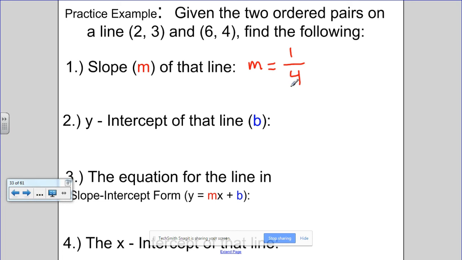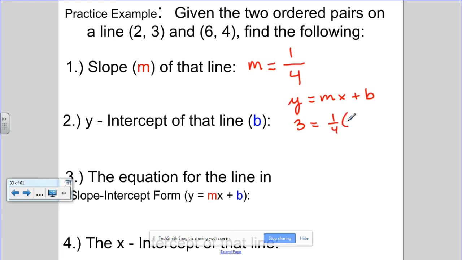Now let's find the y-intercept of that line. Okay, so let's start with constructing our equation. Y equals mx plus b. And then let's plug in what we know. Let's use 2, 3 here. So the output came out as 3. The slope was 1/4.